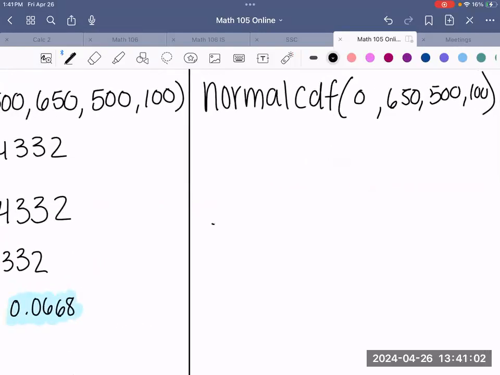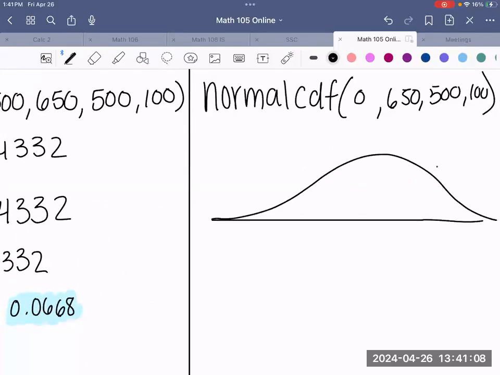If we were to draw it out, 650 here, your mean here, we bypass your mean, we're going from here. So we could get all of this value here instead.